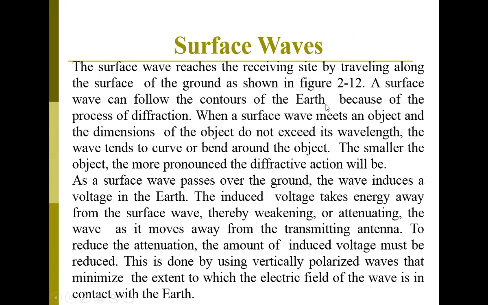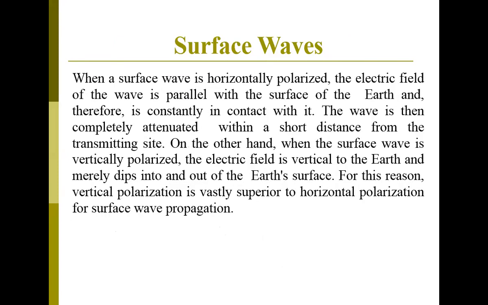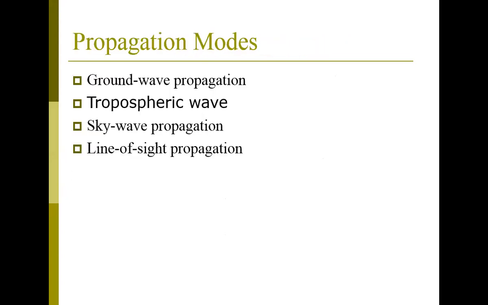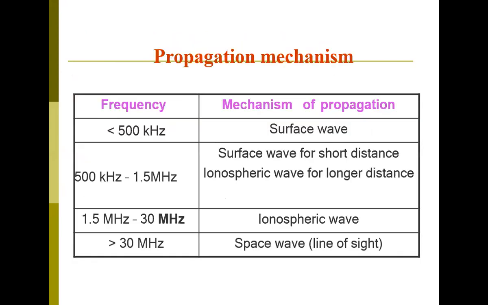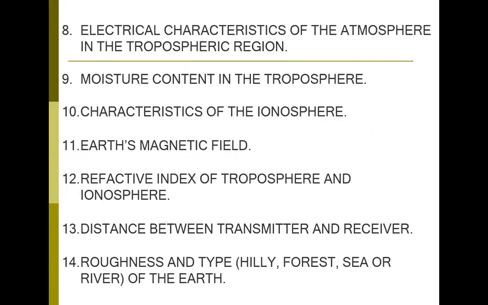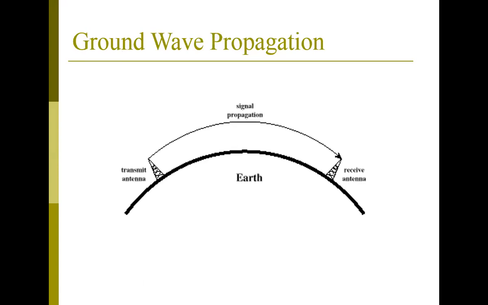I will show you the figure; the number is not there. A surface wave can follow the contours of Earth. What exactly is that? Here you can see that this is along the surface of the Earth. This is said to be the contour. This is the transmitting antenna and this is the receiving antenna.